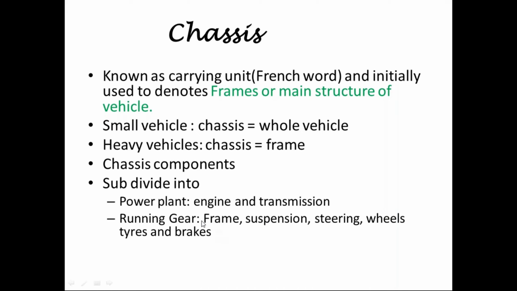Different components you may call a power unit or power plant, that is the engine and transmission system, or different types of gears, or we may call it a gearbox. Then frames, suspension, steering, wheels, tires, and brakes. So all these components will be attached to the basic chassis of an automobile.